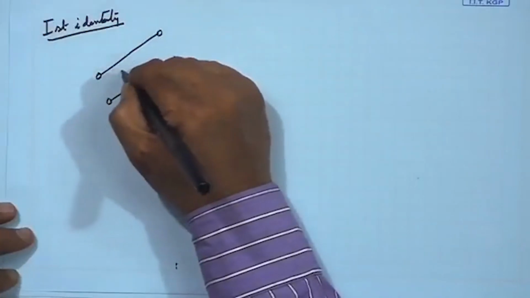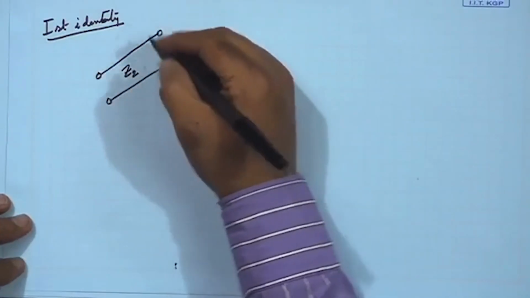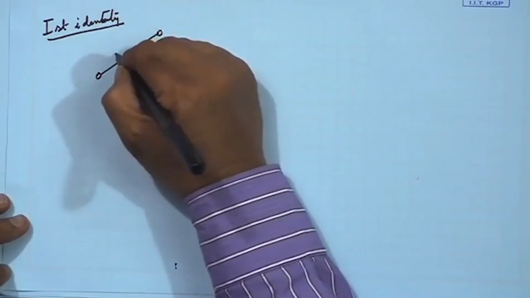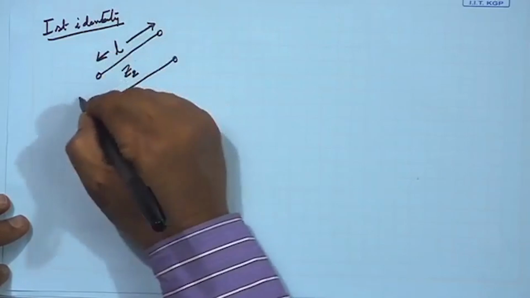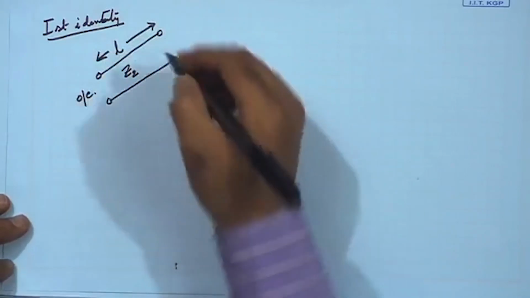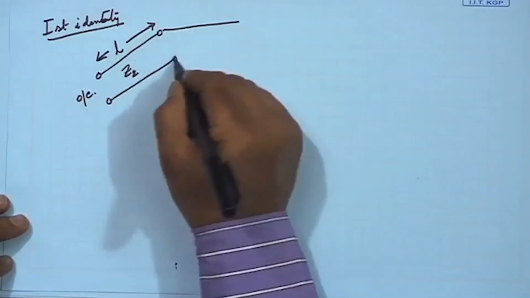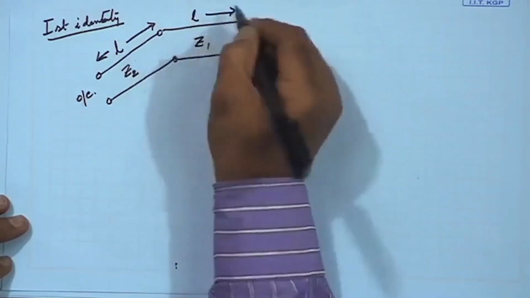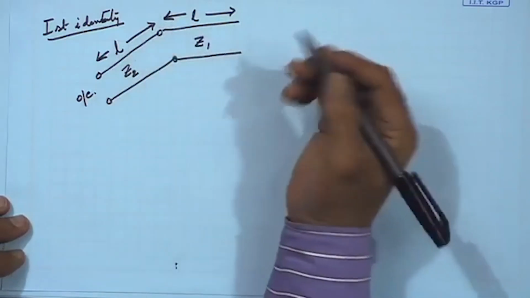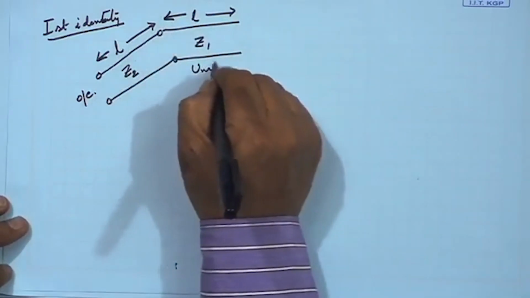So, this stub 1 by Z2 and this length is lambda by 8. This is an OC stub, and with this I have a Z1, again the length, all lengths here are L, which is lambda by 8, and this is my unit element.